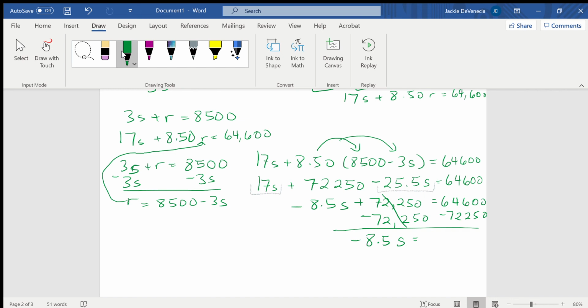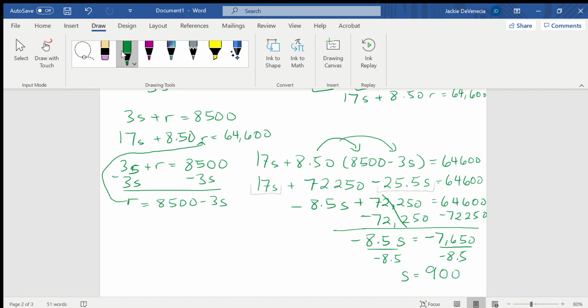And that equals negative 7,650, right? So all we need to do right now, we have a negative 8.5S. We just need to divide both sides by negative 8.5. And your answer is going to be 900. So we have 900 senior tickets.